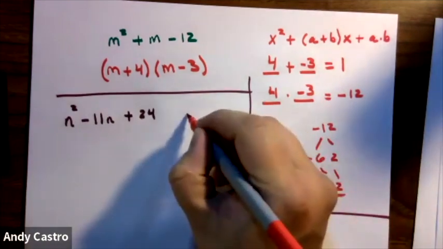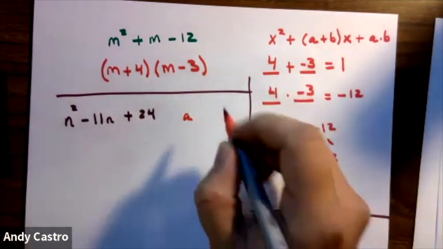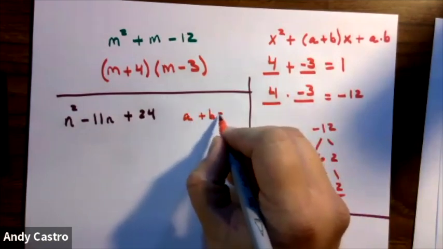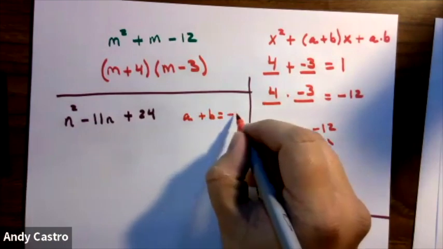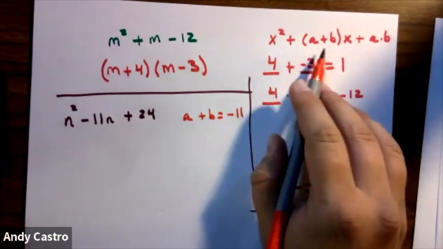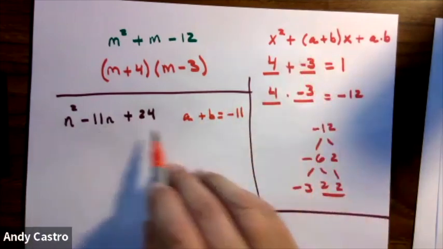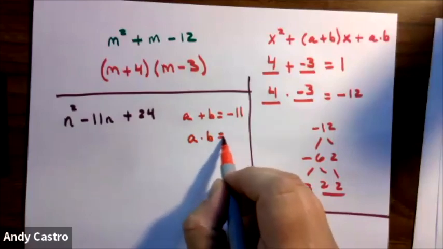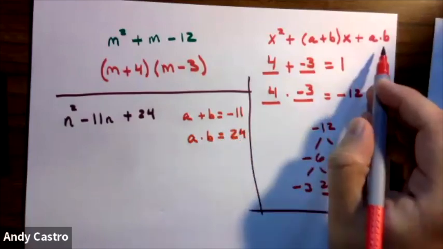So two numbers, an A and a B. Sometimes I do an underline, sometimes I do A and B. I kind of change back and forth just to show you there's more than one way to look at this. Okay, so A plus B gives me my middle term coefficient of negative 11. That same A and B, if I multiply them together, give me a positive 24.